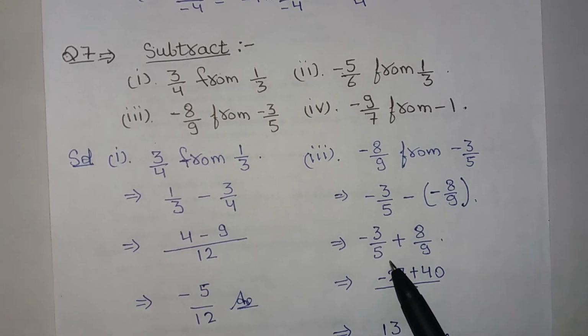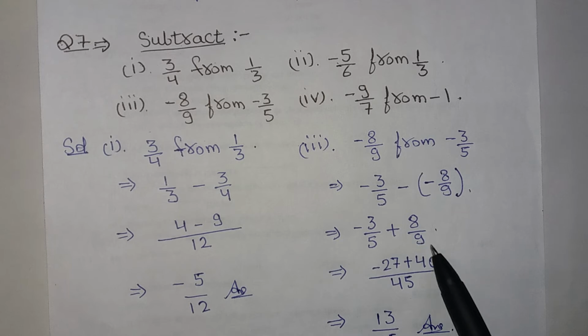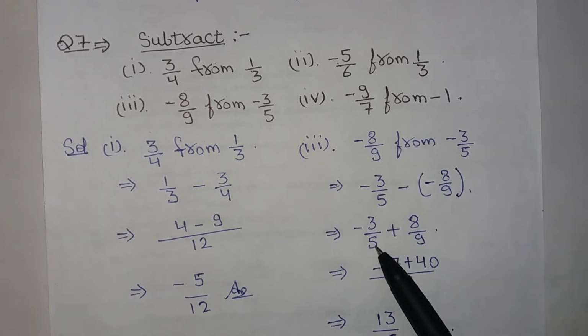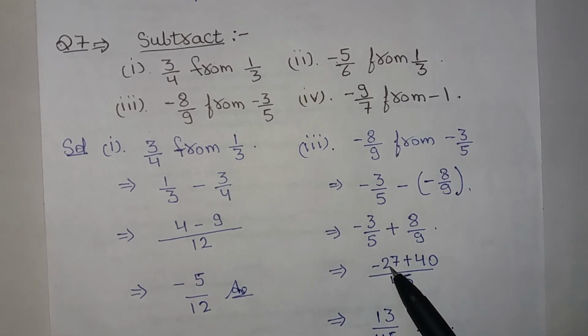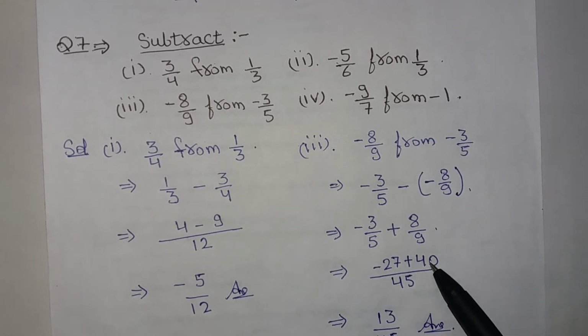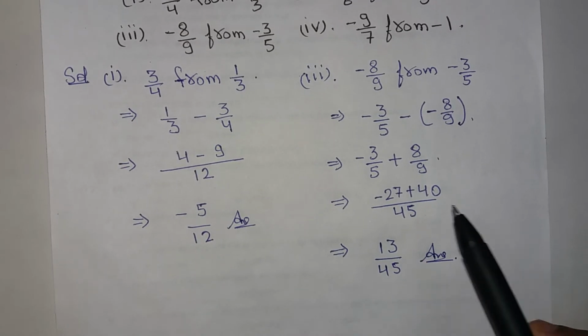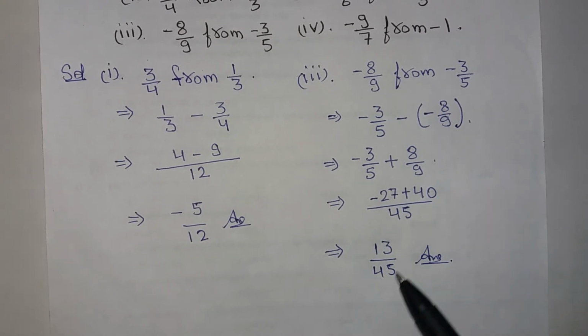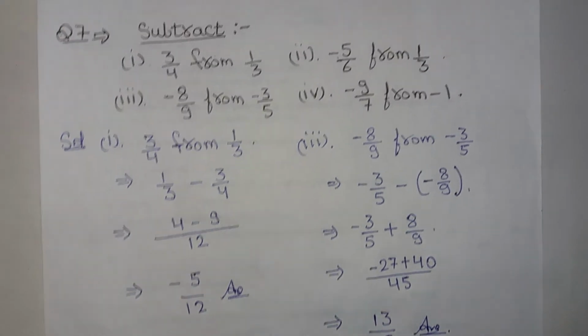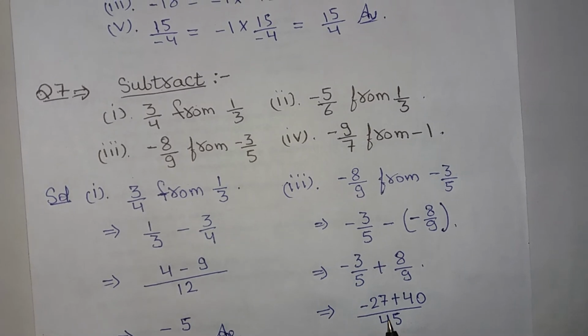Now taking the LCM of 5 and 9, the LCM will be 45. 45 divided by 5 is 9, and 9 into minus 3 will be minus 27, and 45 divided by 9 is 5, and 5 into 8 will be 40. So minus 27 plus 40 will be 13. So 13 upon 45 will be the answer. In this question, the rest of the parts you will try yourself after this, next question.